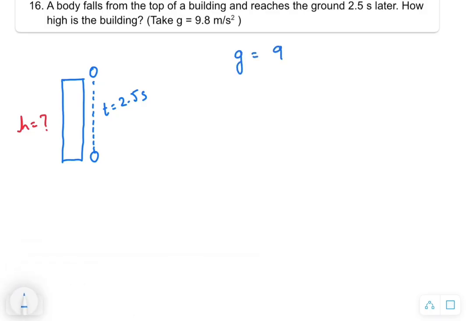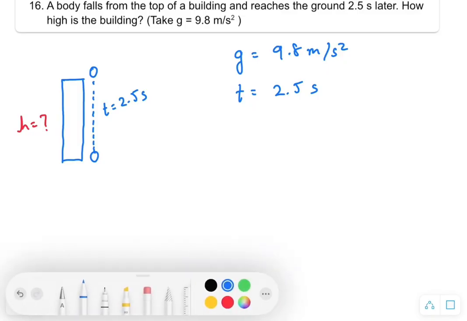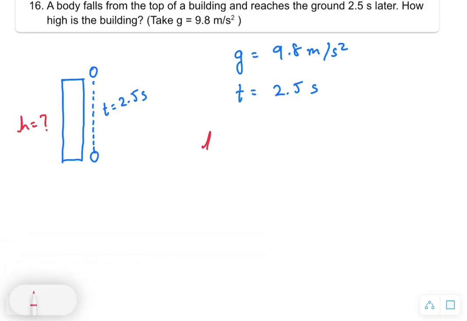We will be taking g as 9.8 meters per second square. Time is 2.5 seconds. Now let's use this equation to obtain the height of the building.